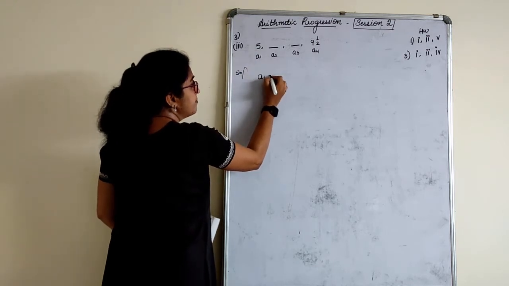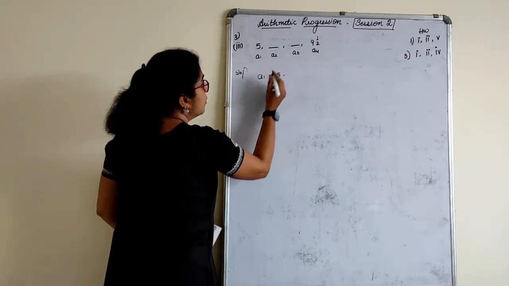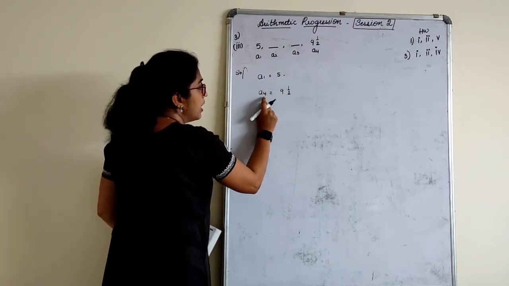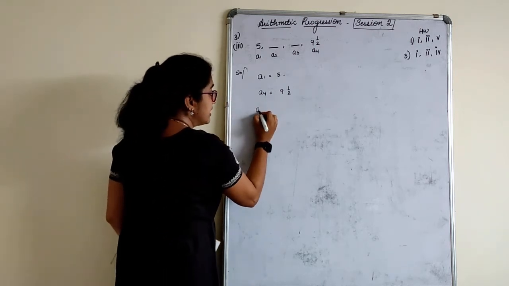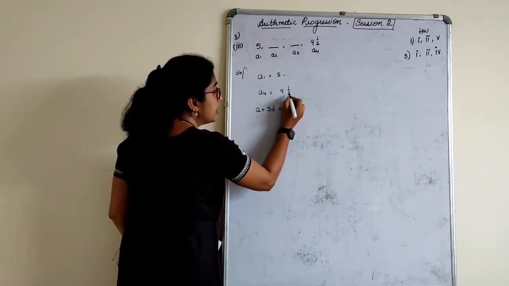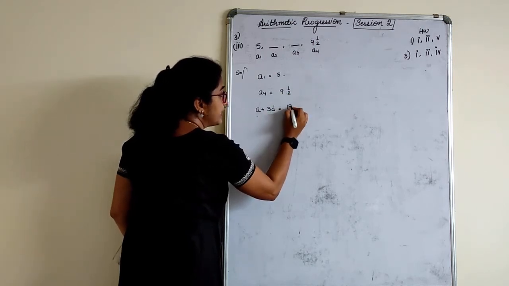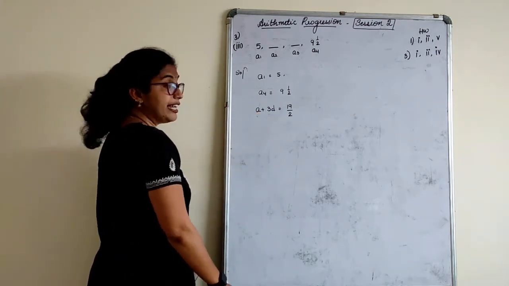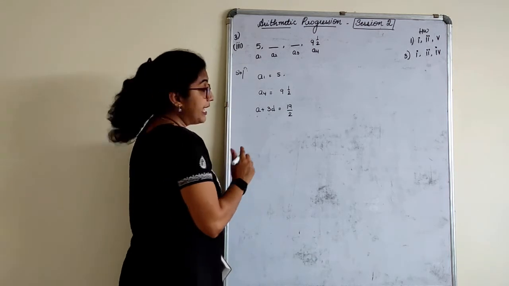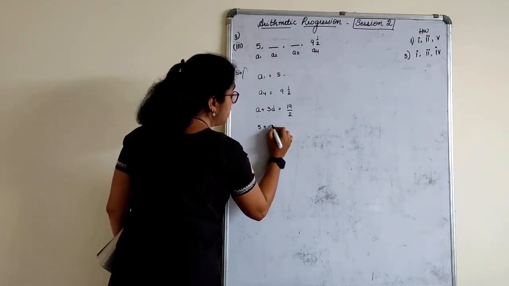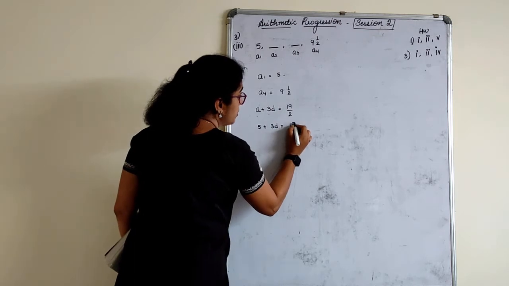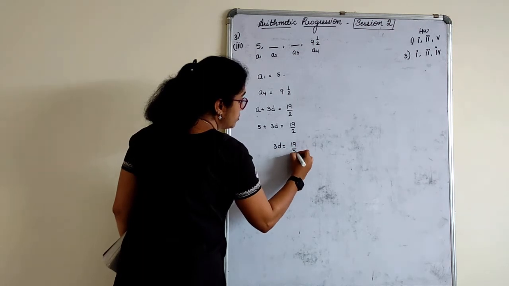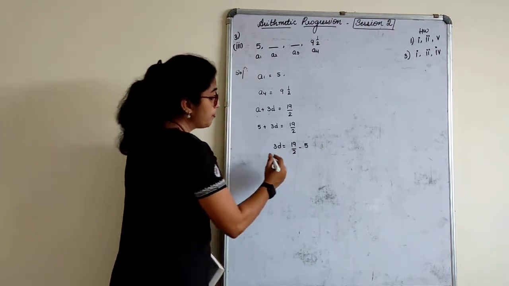So what is your A1? 5. Keep it as it is. What is your A4? A4 is 9 1 by 2. How do you write A4? A4 is written as A plus 3D. 9 2s are 18, 18 plus 1, 19 by 2. Do you know the value of A? Yes, I know the value of A. So the value of A is 5. 5 plus 3D is equal to 19 by 2. 3D is equal to 19 by 2 minus 5.